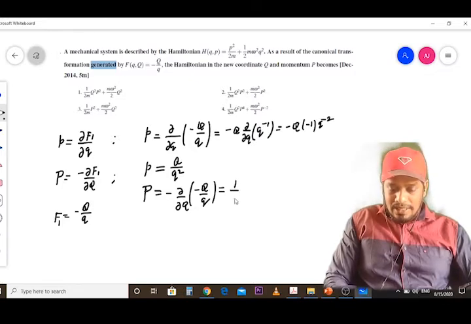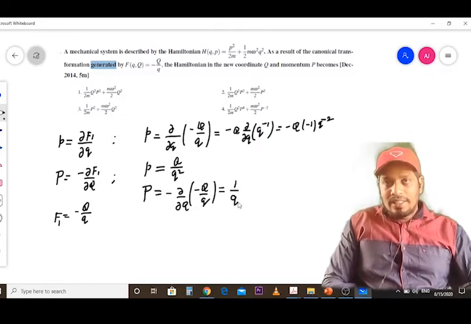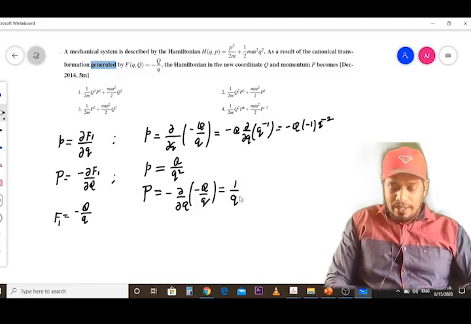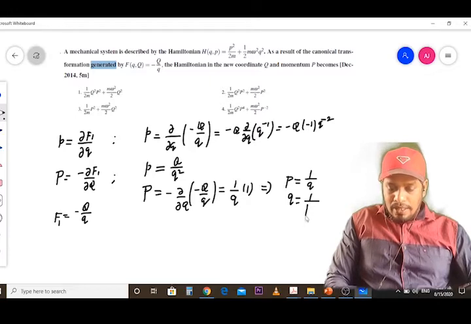For this partial derivative, dou Q by dou Q is simply 1. So from this relation, capital P is equal to 1 by q, or the old coordinate q is equal to 1 divided by the new momentum coordinate, P.